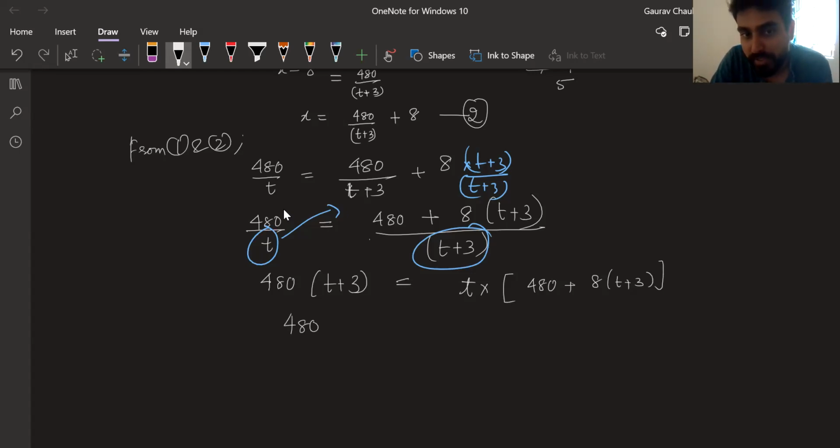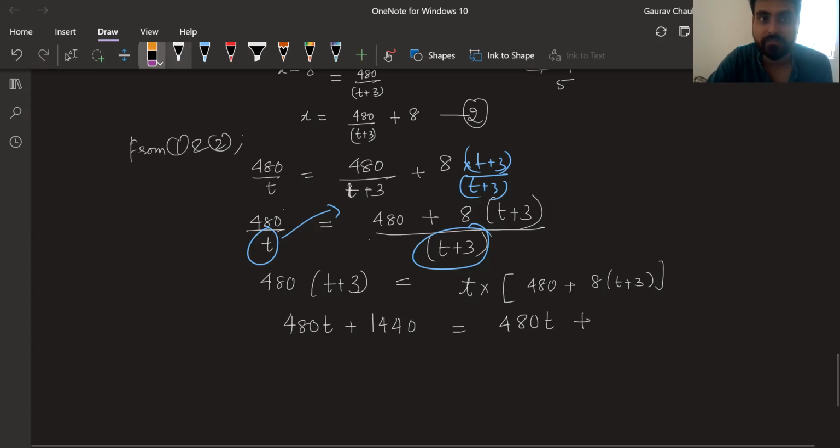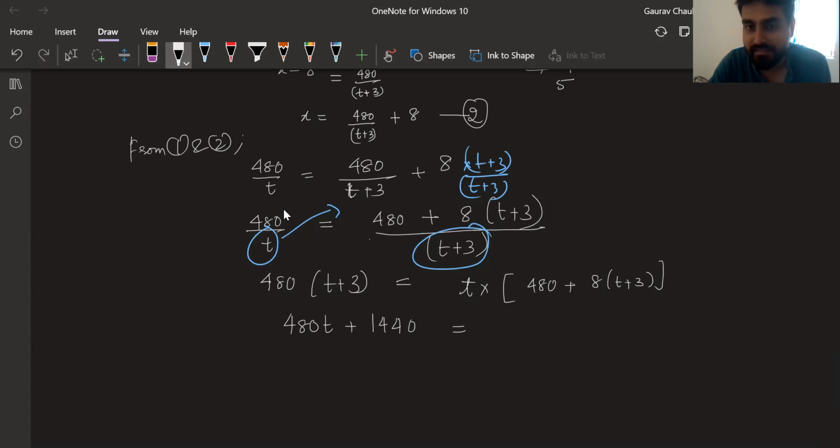So I'm going to do 480t plus 3 into 480, which is 1440. Actually, first let's do one thing. I'm going to simplify inside the bracket first.